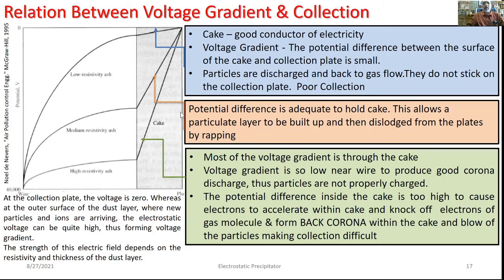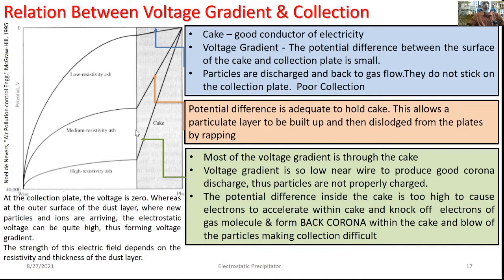So at this collection plate, the voltage is 0, whereas at the outer surface of this dust layer, the electrostatic voltage can be quite high.